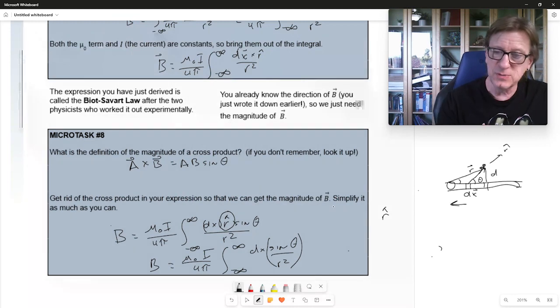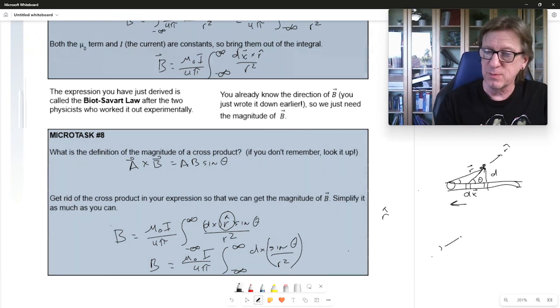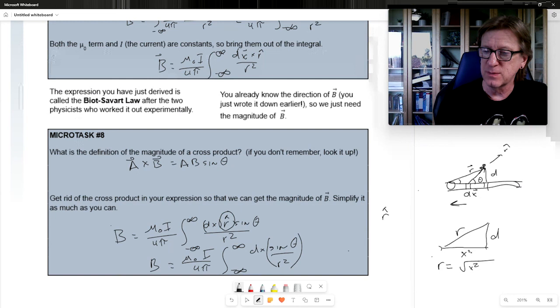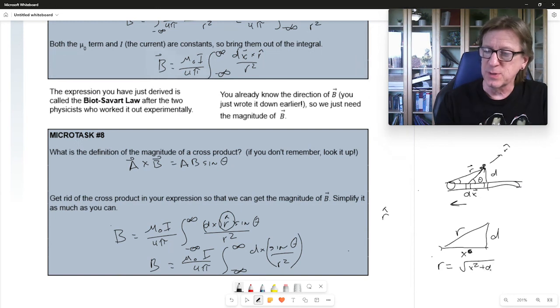We can just use some simple trig with that. I'm going to make this a little bit bigger so that we can see it. This is my d, this is x, and this is our r. Well, r is simply the square root of x squared plus d squared.